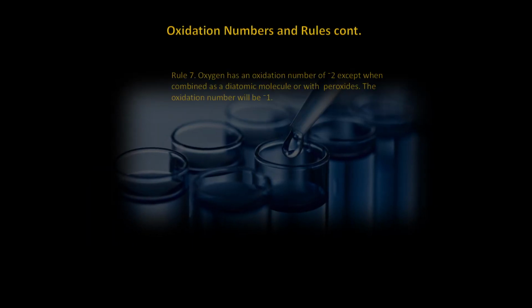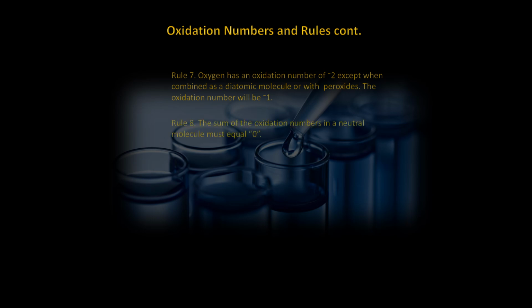Rule number 7 is a little different, as it relates to diatomic oxygen molecules and peroxides. Oxygen atoms have oxidation numbers that equal -2. But as a diatomic molecule, O2, or as in hydrogen peroxide or sodium peroxide, for example, the oxygen will have oxidation values of -1.